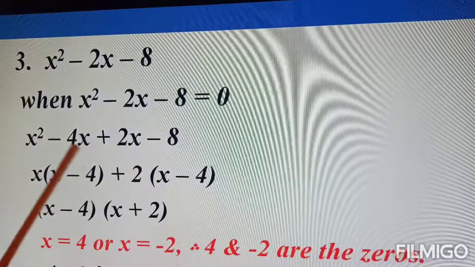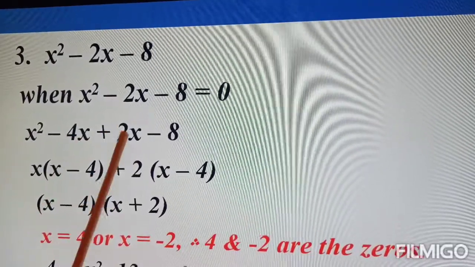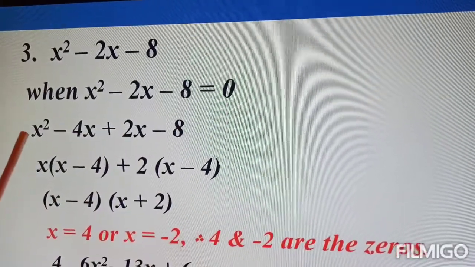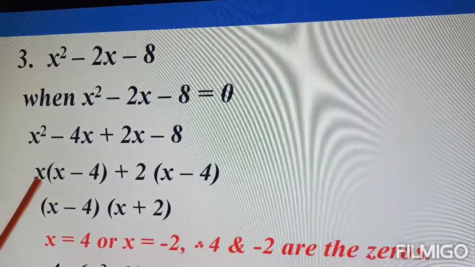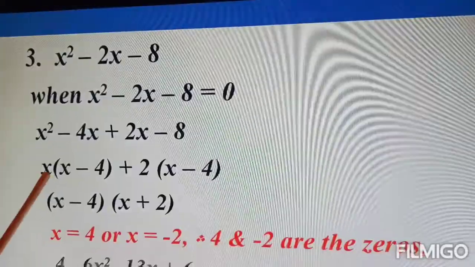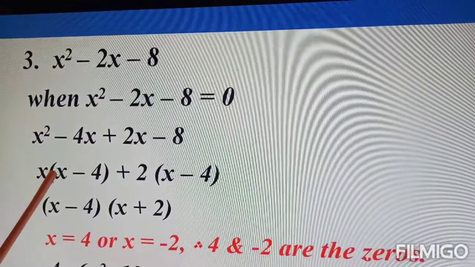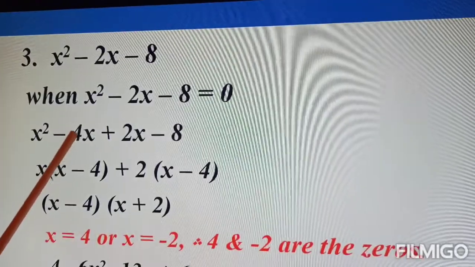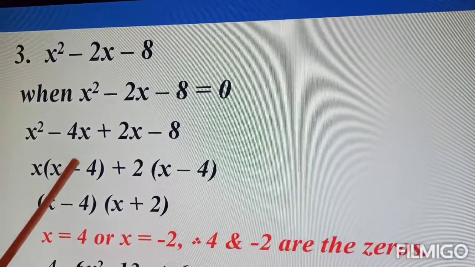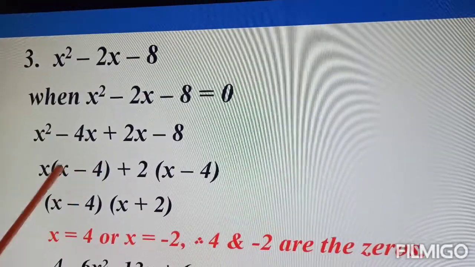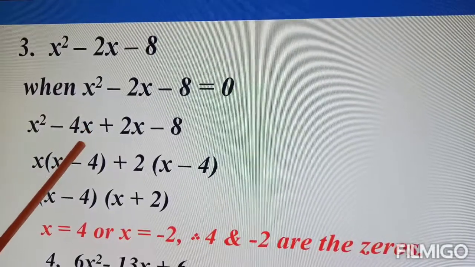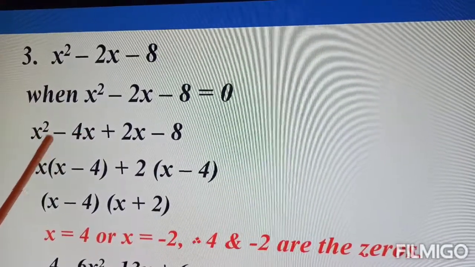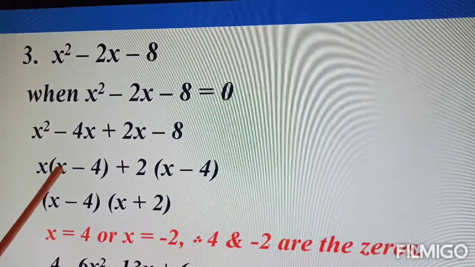Next, make two parts. First two terms one part, second two terms one part. And from these two, what is the common factor? X. If we take x as common, then one more x remains inside, and from 4x we take x outside, minus 4 remains. X square minus 4x: from these two we take x as common, we got x minus 4.